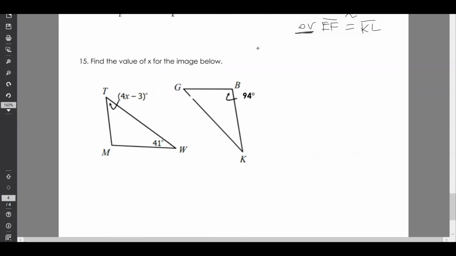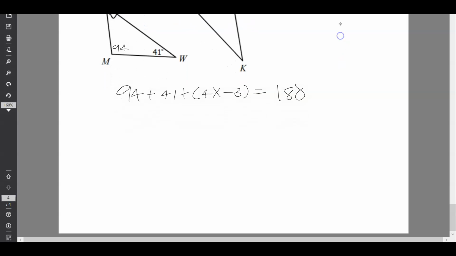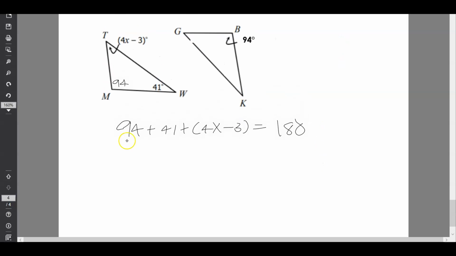Okay, find the value of x for the image below. So if this is 94, this is 94 because they're congruent. So we add up the three that we know. 94 plus 41 plus 4x minus 3 equals the total inside of a triangle, 180 degrees. So let's solve this real quick. Combine like terms. 94 plus 41 is 135, minus 3 is 132.